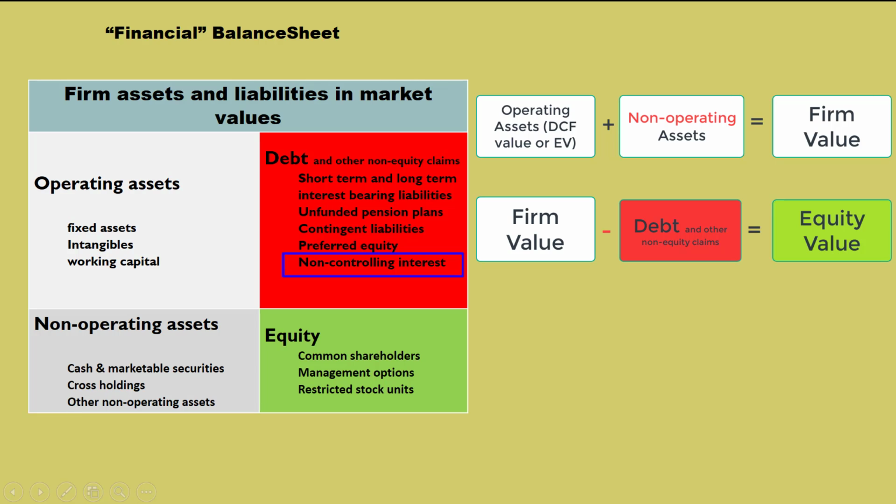Since the consolidated statements report as if the subsidiary is fully owned, although it is not, the book value of equity in the subsidiary that is not owned by the parent company is reported as non-controlling interest in the consolidated statements. Since non-controlling interest does not belong to firm equity holders, its estimated market value needs to be deducted from the firm value to obtain the value of equity in the firm.